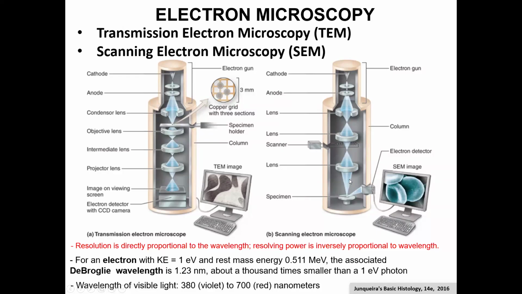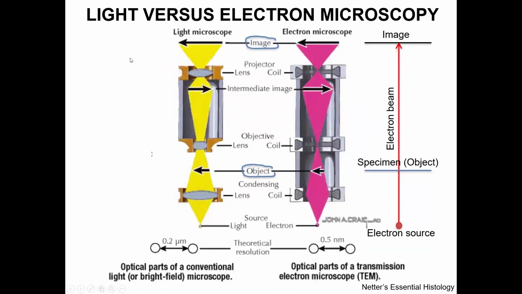The electron beam hits the surface of the specimen that is covered with a film of metal, usually gold, and the electrons are then reflected in various directions, and the reflected electrons reconstitute the image that appears as a sort of three-dimensional image. So the scanning electron microscope, however, does not have such a good resolution as the transmission electron microscope.